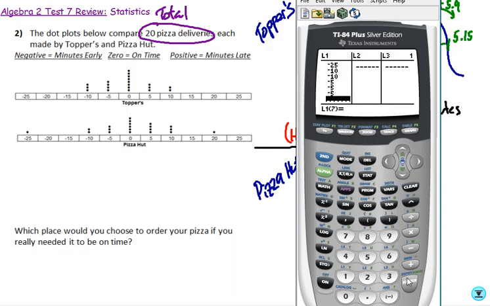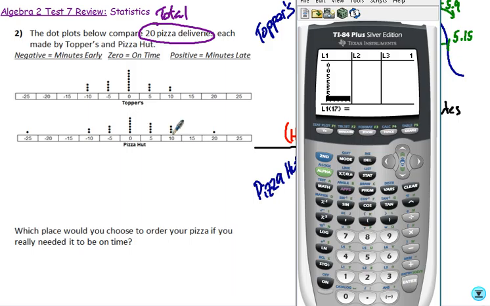And then as far as on time, 1, 2, 3, 4, 5, 6. So they were on time 6 times. And late 5 minutes, that happened 4 times.